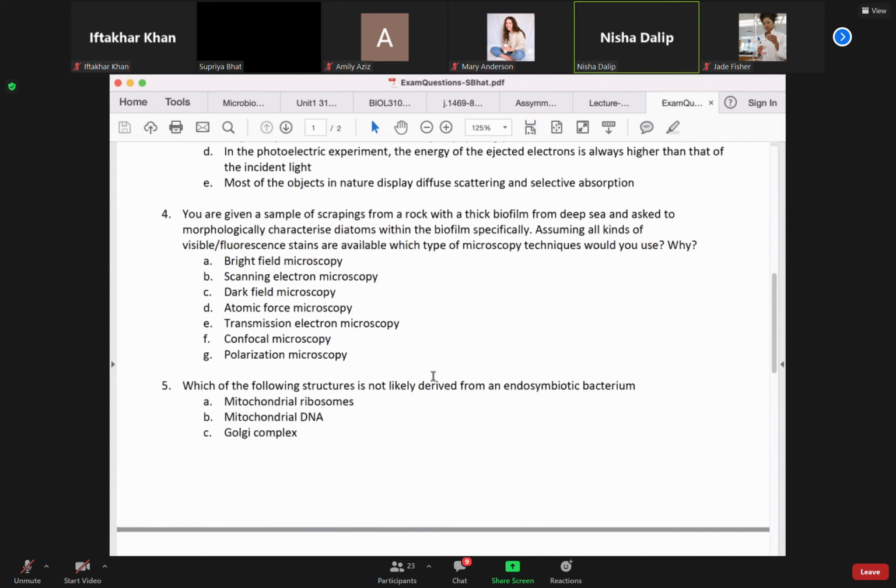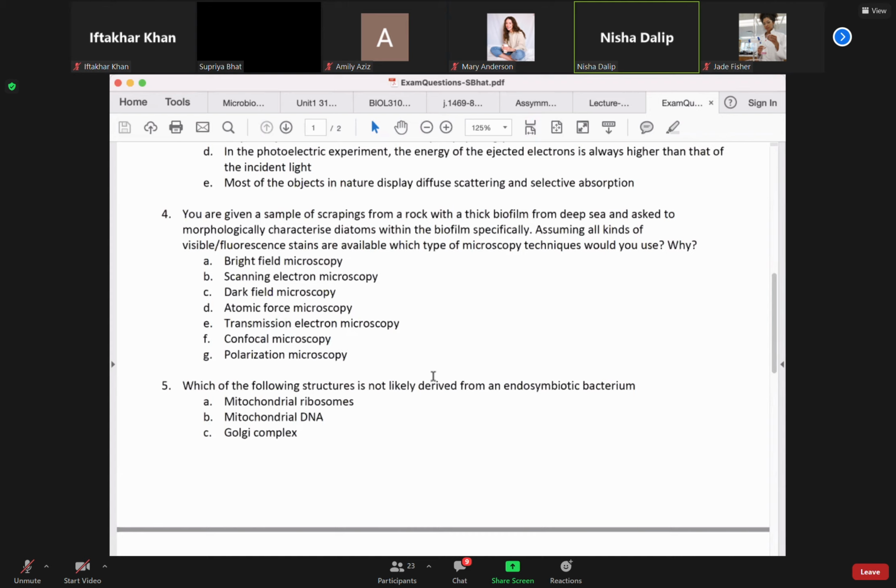Right now, you gave us multiple choice from A to G, and SEM, TEM, and confocal were the main ones, because I clearly wrote it down in my notes when you were teaching that. So that's why I'm confused.